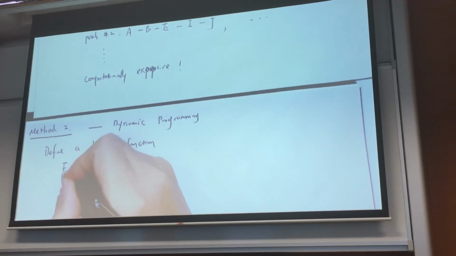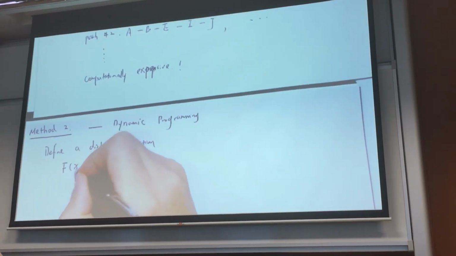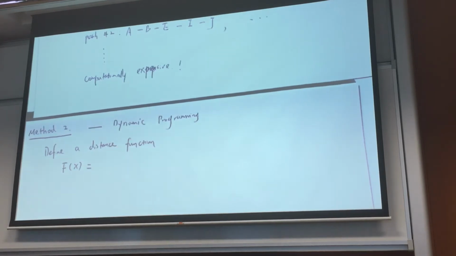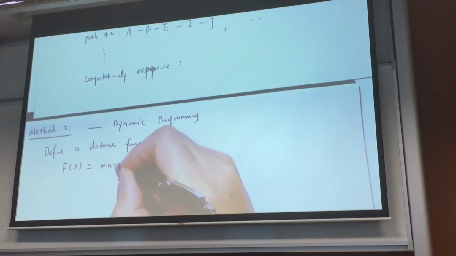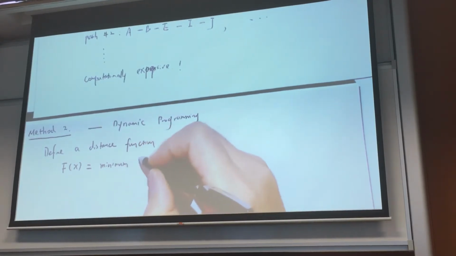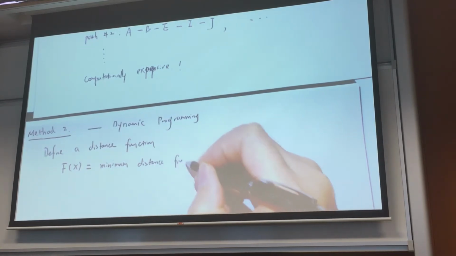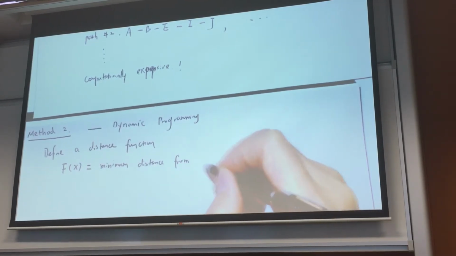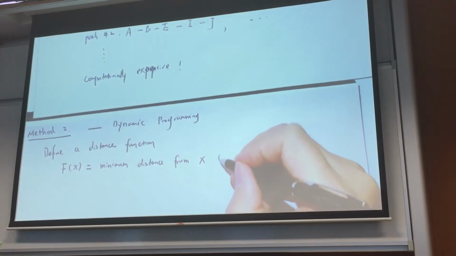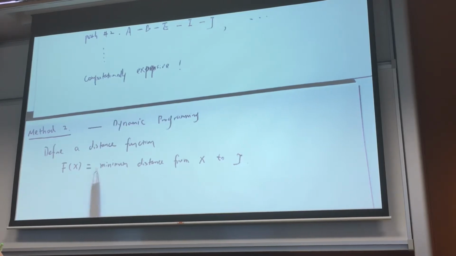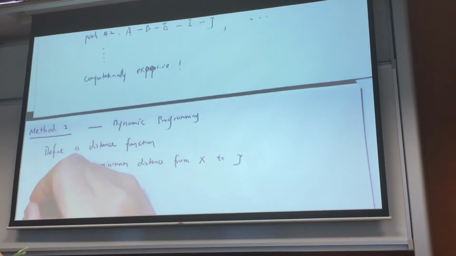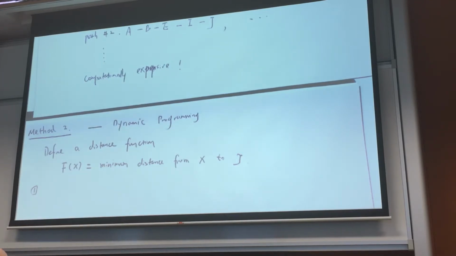For example, we define a function f for a node x. This defines the minimum distance from the node x to the final destination J. We define this new function in the first iteration, or the first stage.